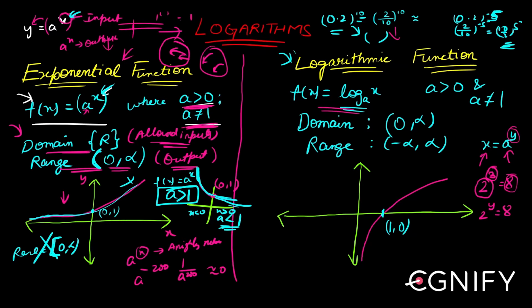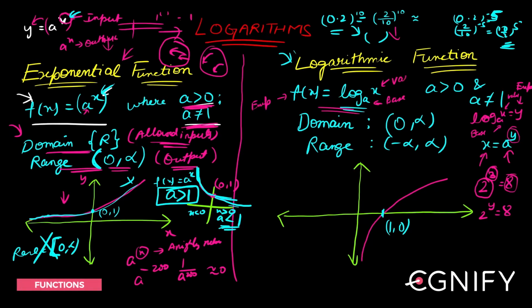So what we basically do is we write something like log x base a equal to y, where this y is your exponent, this a is the base, and this x is the value. So remember, in log x base a, this f of x is the exponent, the a is the base, and your x is the value.